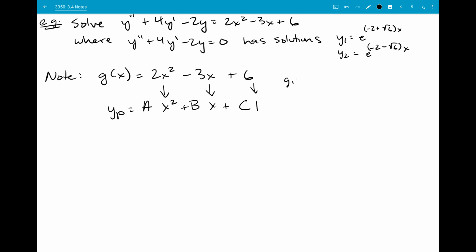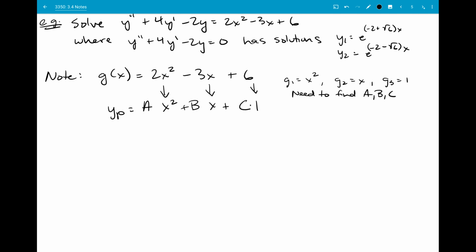So my g1 is x squared, my g2 is x, and my g3 is 1. And then I need to find a, b, and c such that when I plug yp into the differential equation, it turns out that yp is a solution.